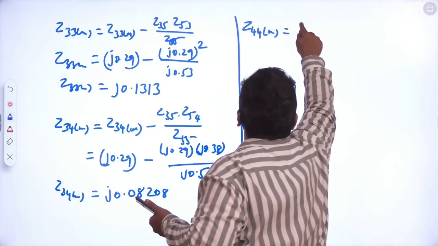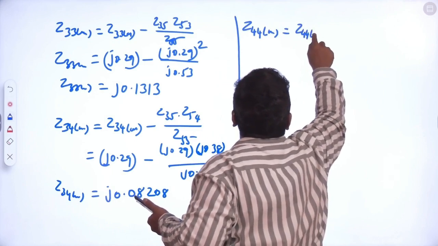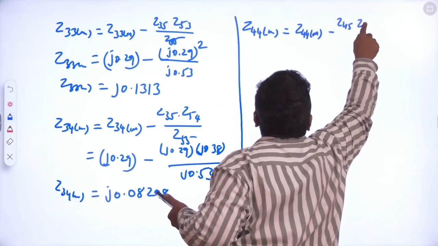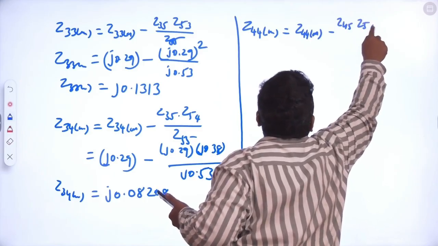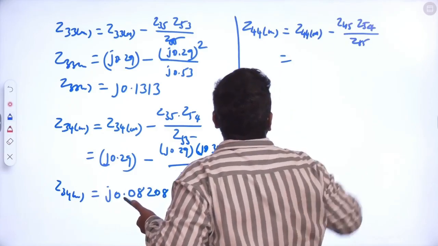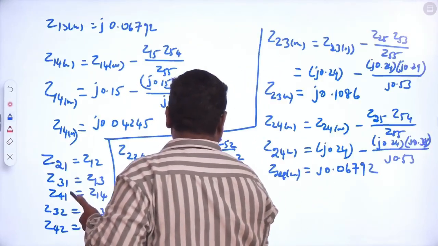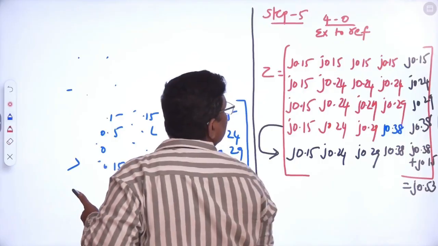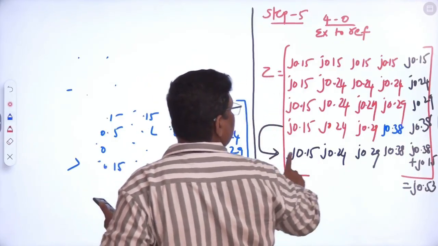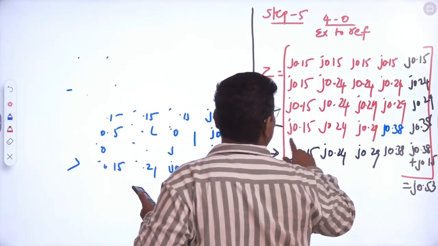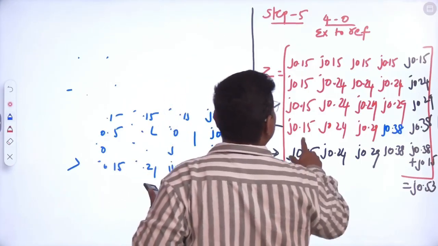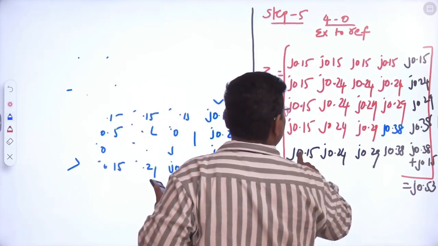Okay, so Z44 old minus Z45 into Z54 divided by Z55. So Z44 is 0.38. Okay, Z45 is also 0.38.